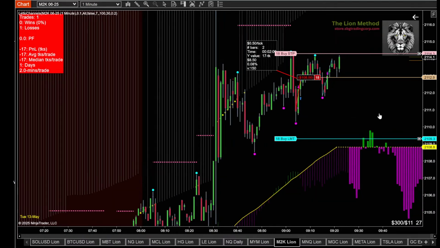As resistance. And then once that flat top breaks upward, usually that's a bullish signal.